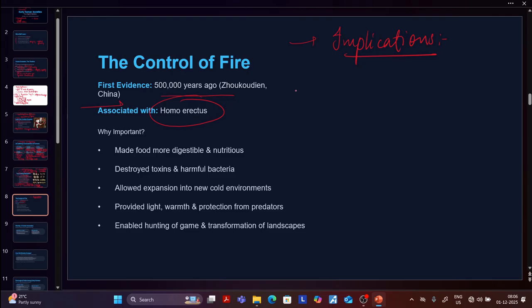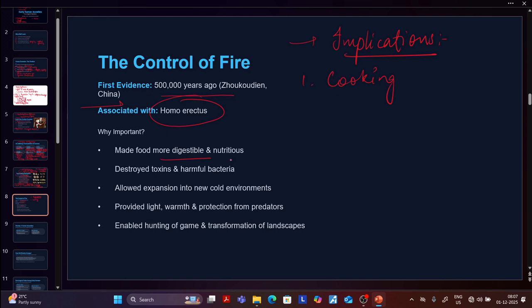First, cooking. When you cook food, particularly meat and tubers, you dramatically increase digestive efficiency. It becomes more digestible. The energy your body must expend to digest cooked food is substantially less than raw food. This means more available energy for other activities like tool manufacture, hunting, socializing, thinking.